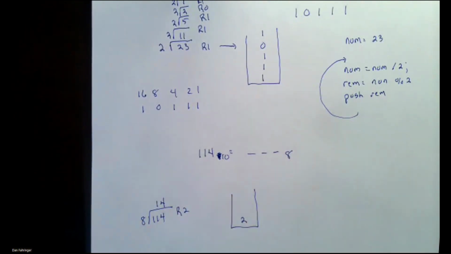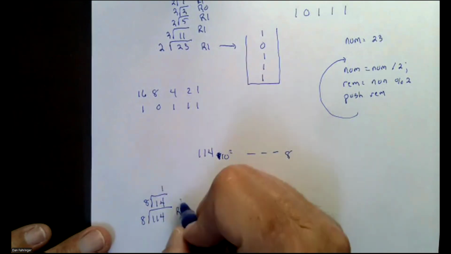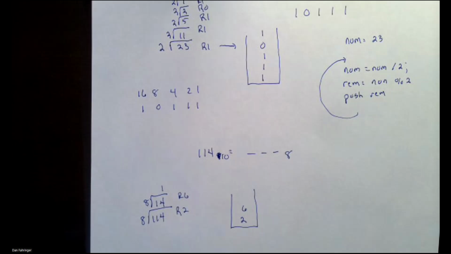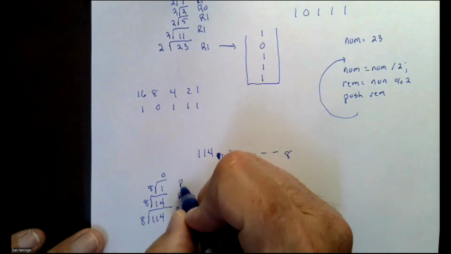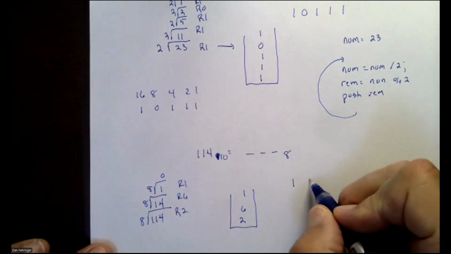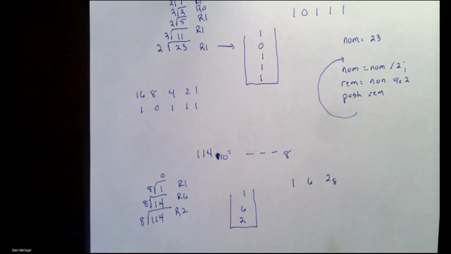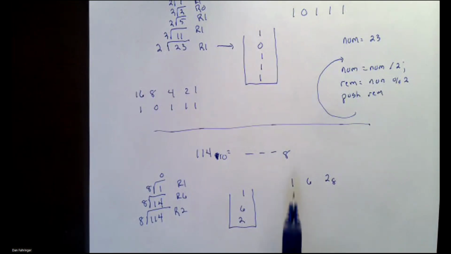Push the 2. 8 goes into 14 one time with a remainder of 6. Push the 6. 8 goes into 1 0 times with a remainder of 1. And now I pop. 1, pop. 6, pop. 2. And there's my answer. How do you like that? A 64, 6 8s, and 2 1s.